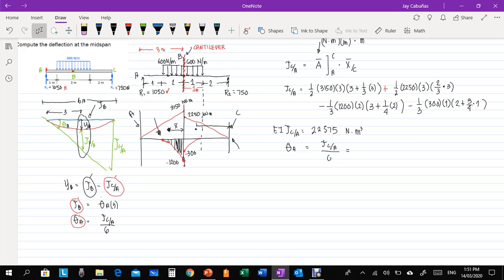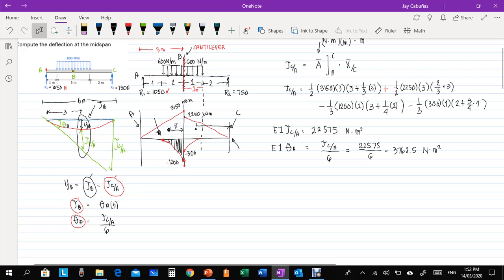It should be divided by 6, and that is equal to 575 divided by 6, which is equal to 3762.5. Okay, so what's the unit? Newton meter squared. Okay, take note, it is still divided by flexural rigidity EI.